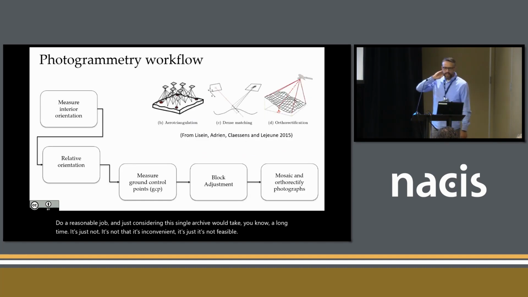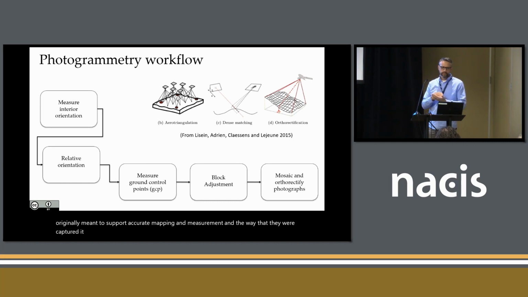So fortunately, as I mentioned earlier, many of these photos were captured in a way that was originally meant to support accurate mapping and measurement. They were captured to support a photogrammetry workflow that removed distortions and stitched them together.